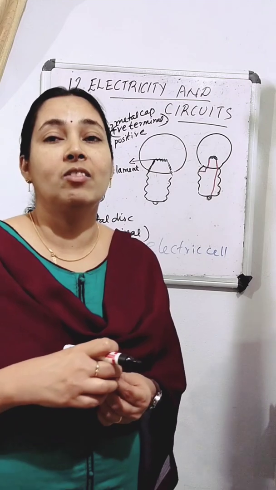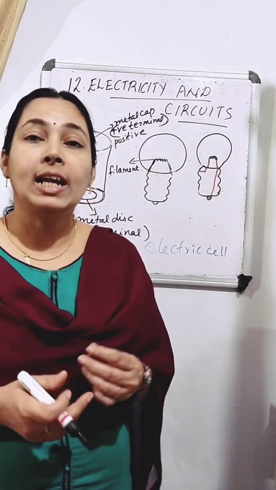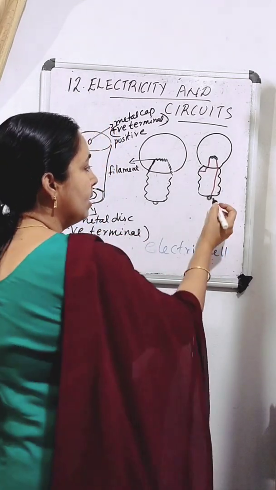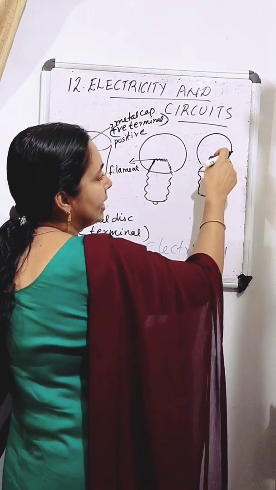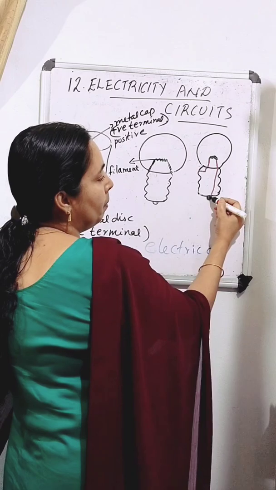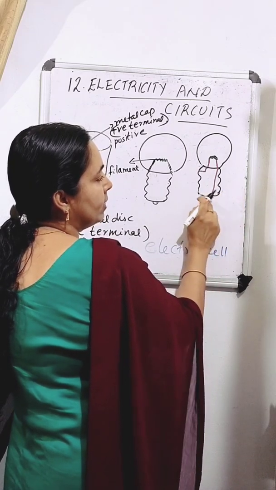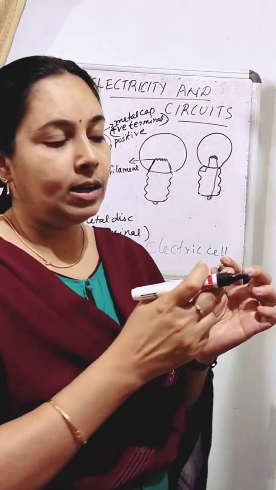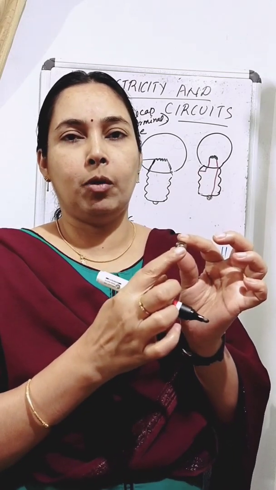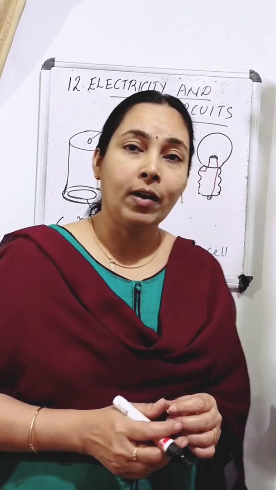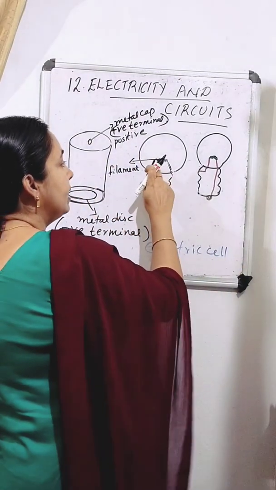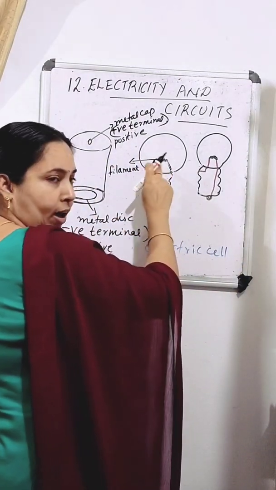And the other thick wire is connected to the metal tip at the center of the base. So at the center of this you can see a metal tip. The other wire is connected to the metal tip at the center of this base. Okay, so we can see the filament is supported by two thick wires.